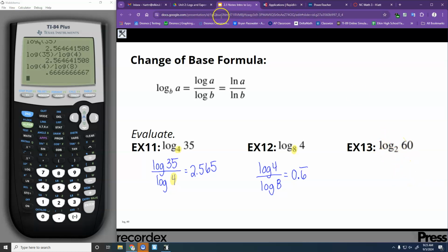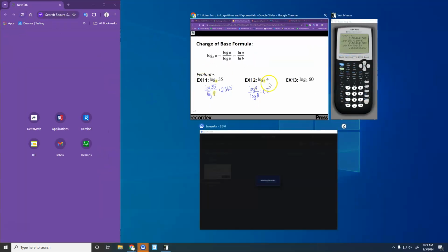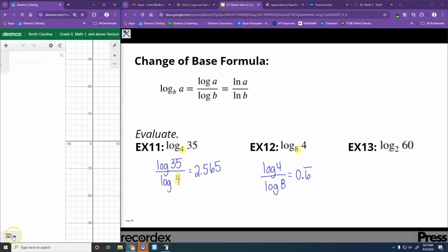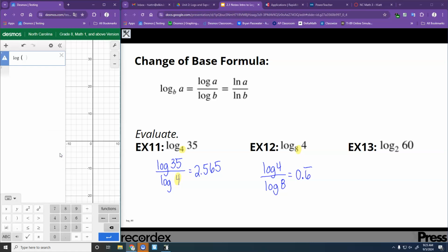So if you prefer Desmos, Desmos of course does these too. Let me pull up Desmos here. If you go down here to functions, I think the Desmos log has an option with a log of a base. So you could type it into Desmos this way, log base 2 of 60.